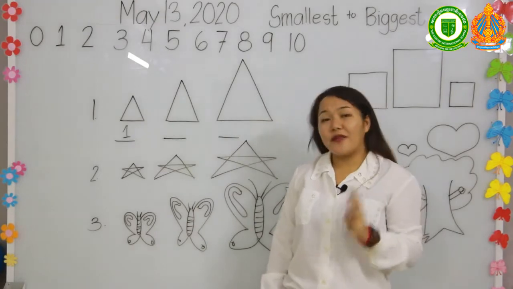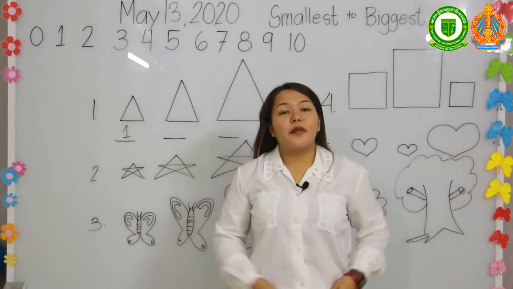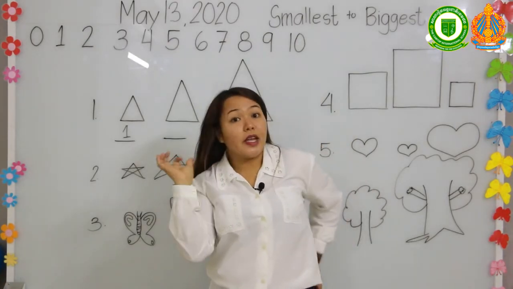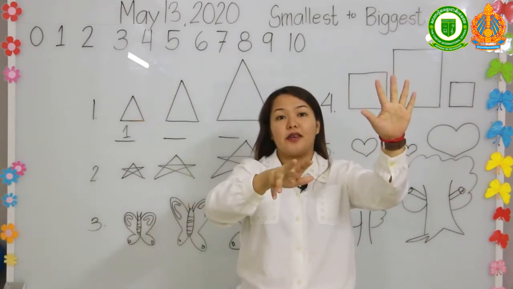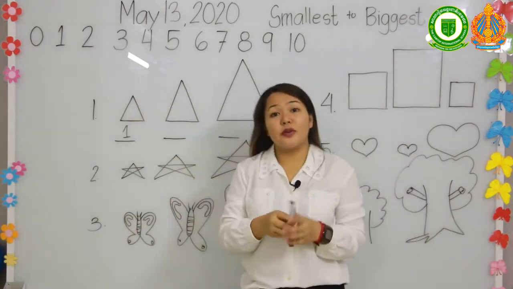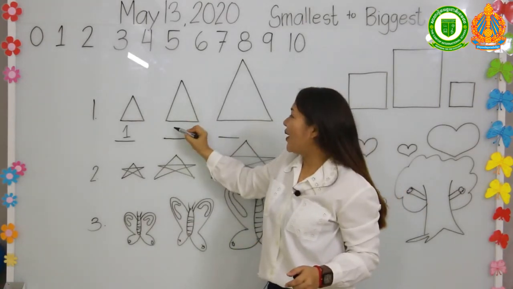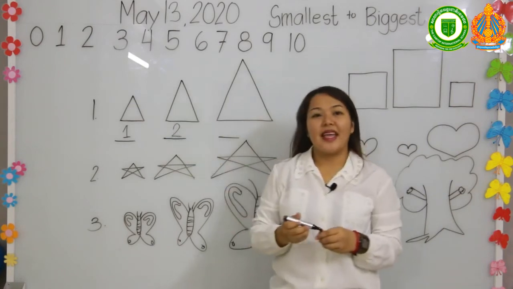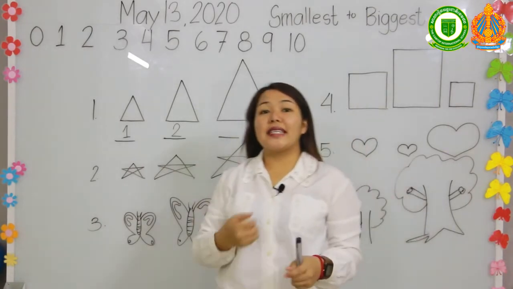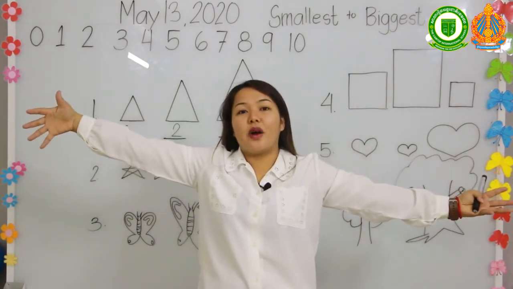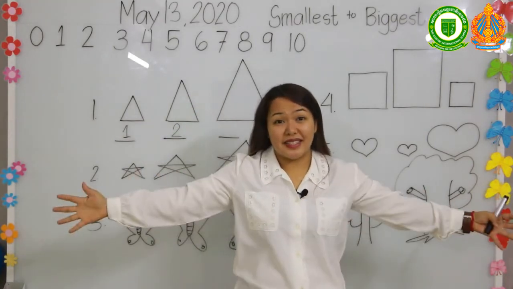Next we'll find which one is in the middle. There are just 3 triangles here, so it's either smallest, biggest, or in the middle. Which one is number 2? It's this triangle, so we write number 2. Now we find which one is the biggest, and we write number 3, which means it's the biggest.